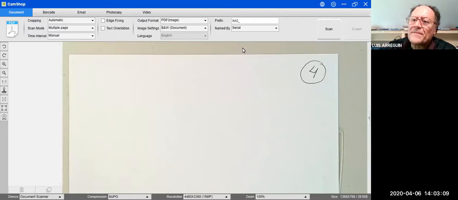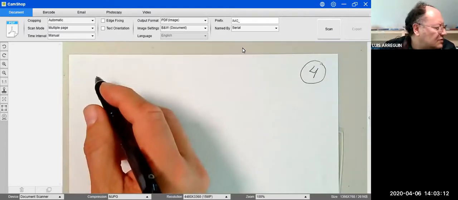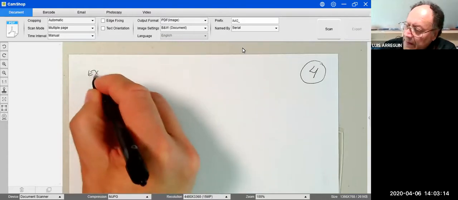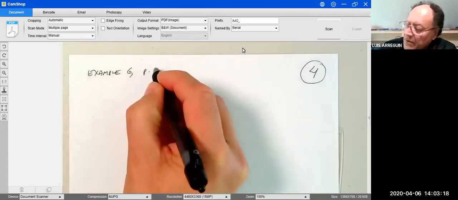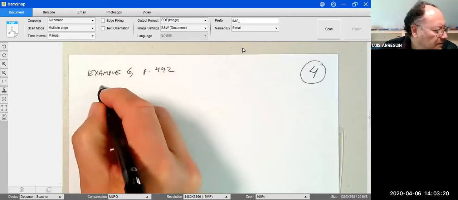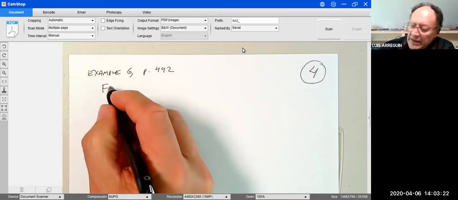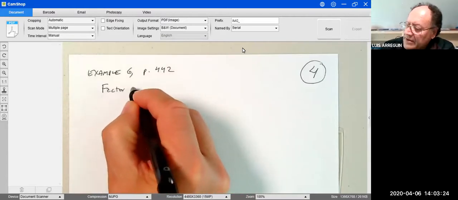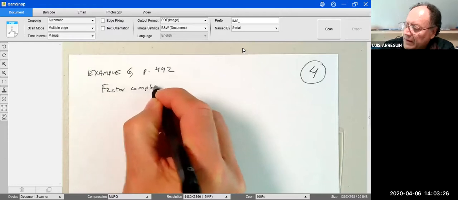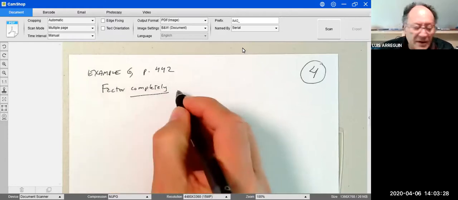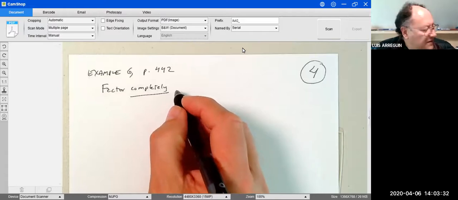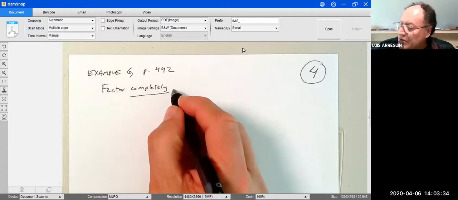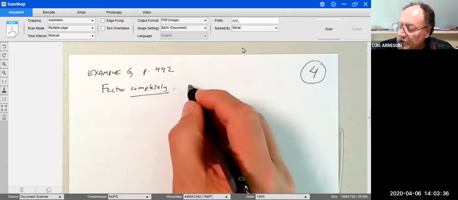Okay, so let's finish by solving example 6. Example 6 on page 442. We're going to factor completely. So when they say completely, they mean that maybe you need to get a greatest common factor, a general one for the entire trinomial, and then proceed with the subsequent method.